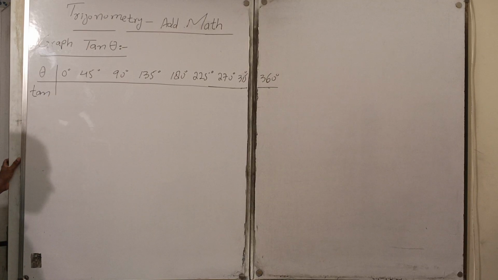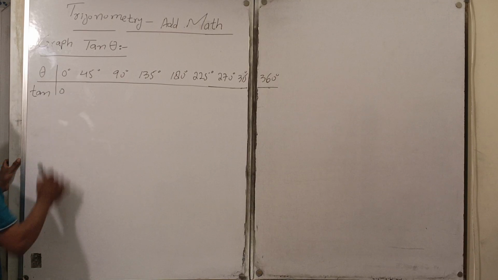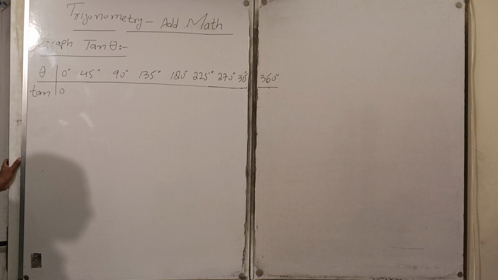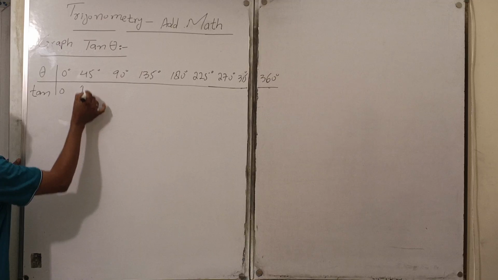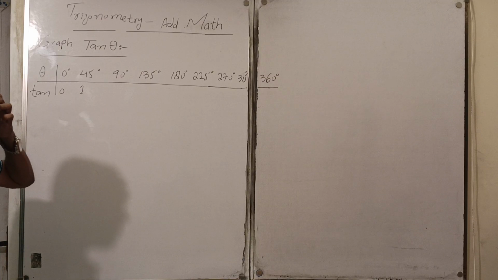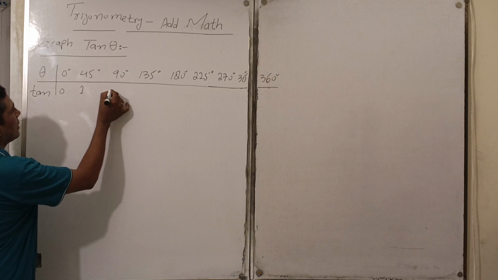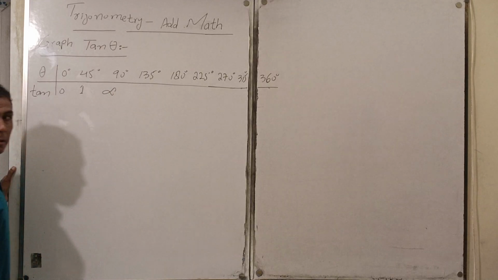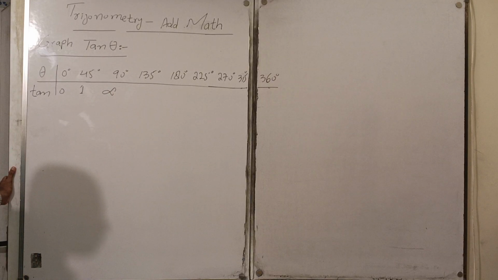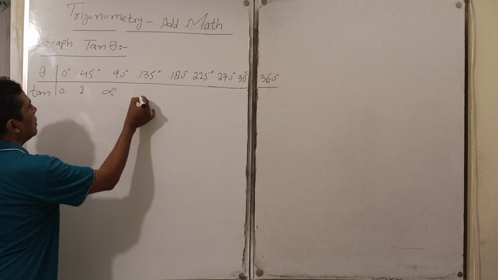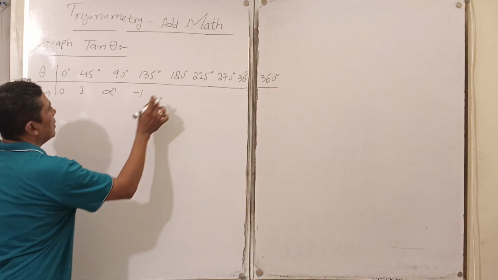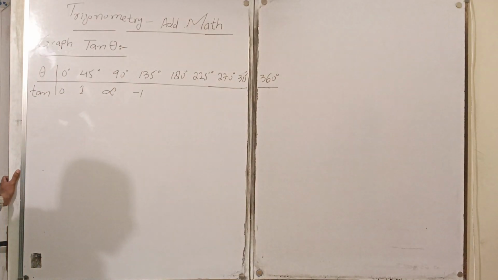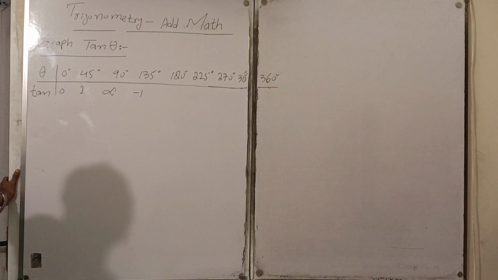At 0, it is 0. At 45, it is 1. At 90, infinity. Am I right? At 135, minus 1. At 180, 0.